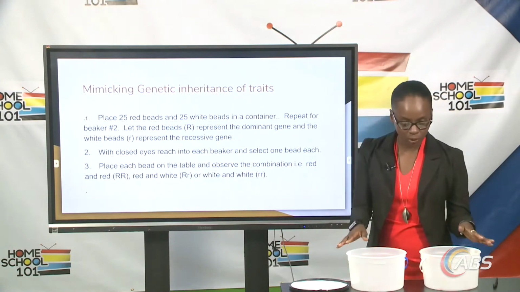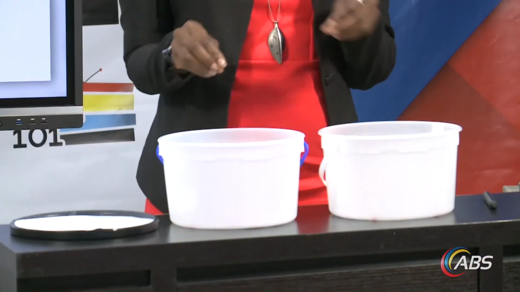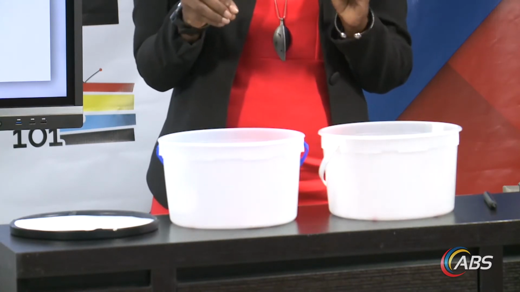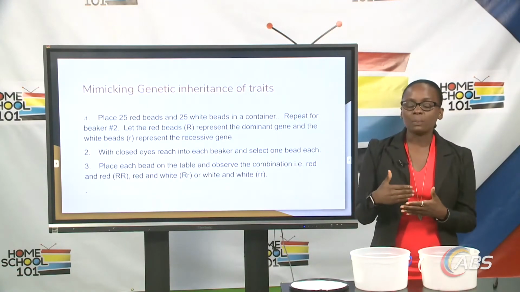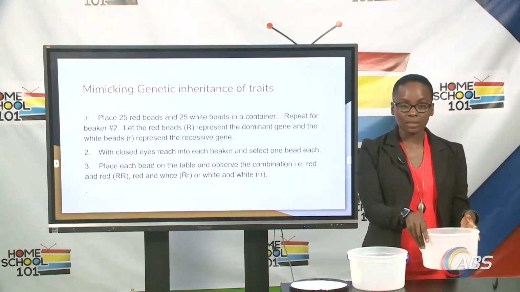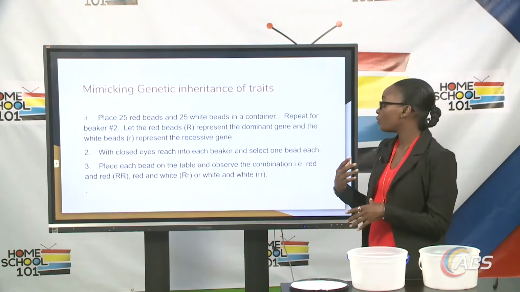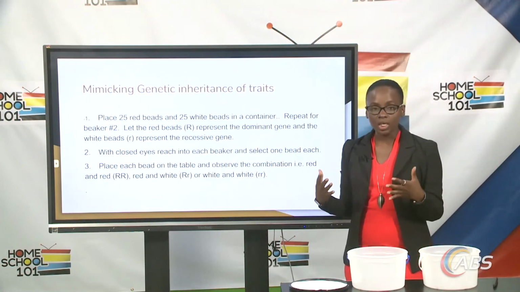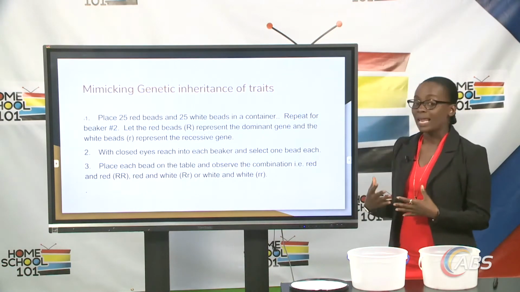Now, how we're going to be doing it is I'm going to be closing my eyes and picking from the container, and whatever I get, that is going to be the actual trait that is being passed off from this parent and the combinations together. Now, there are three possible combinations. Remember, the genotypes are always written with letters.